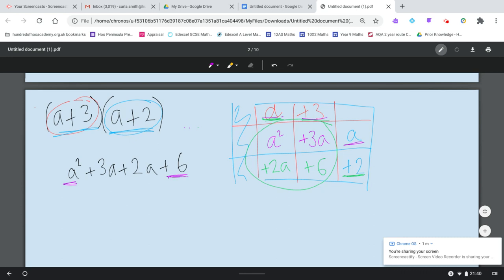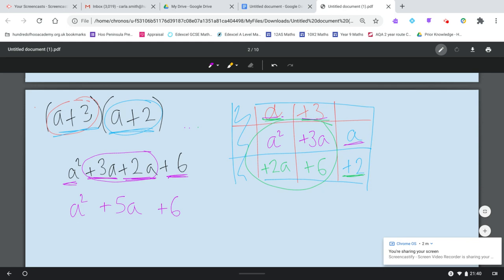Likewise, this 6 is the only number there without a letter, so that's not going to be able to be combined either. However, these two in the middle, you've got positive 3, add another 2A. They are going to be combined because they're just A. So A squared stays the same, plus 6 on the end stays the same, and then positive 3, add another 2, it gives me positive 5A in total.